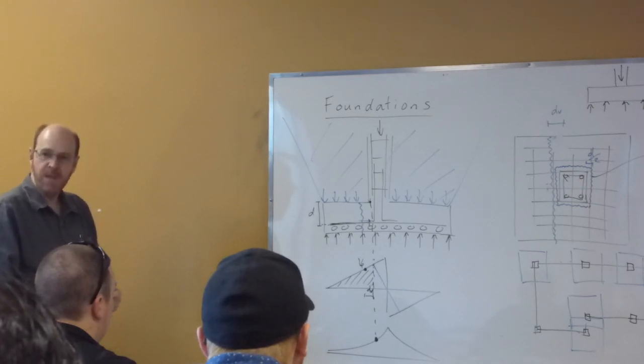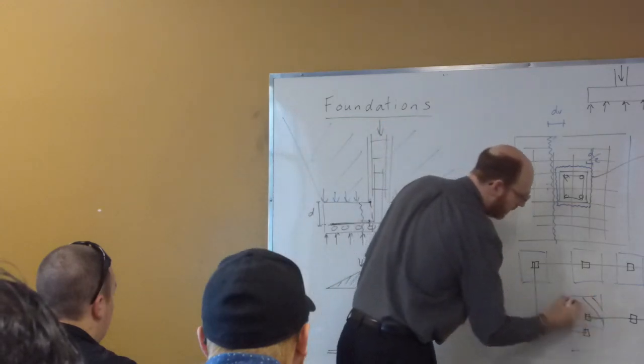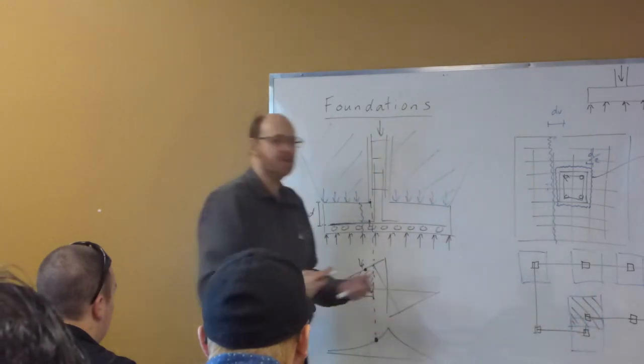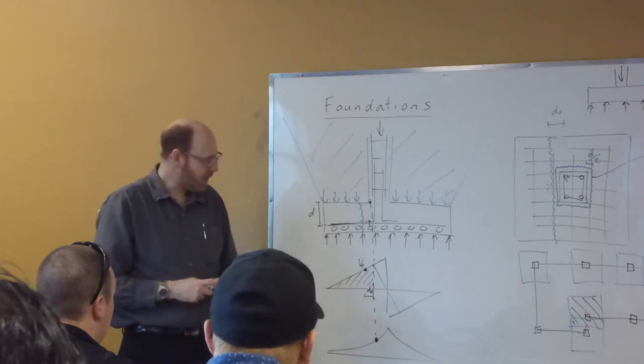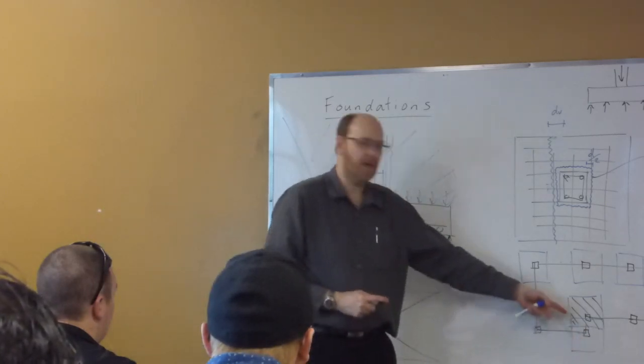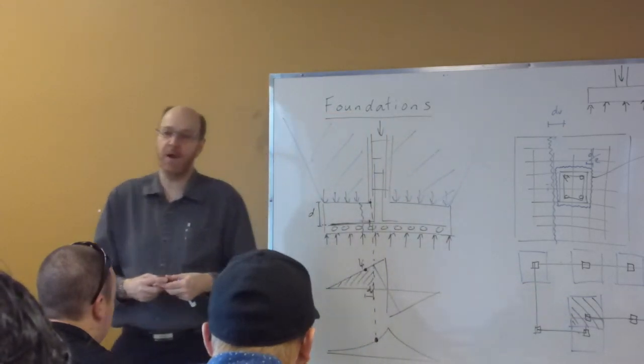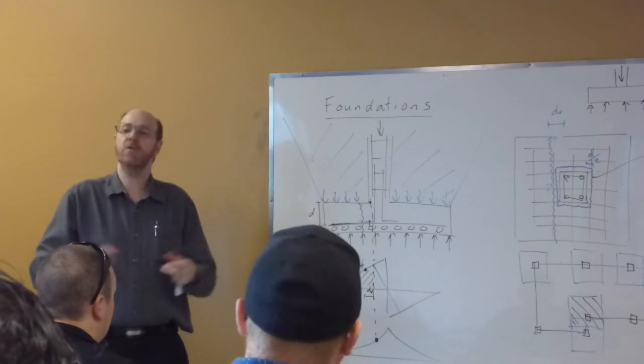But what it does mean is that if I've calculated a size, and I take a look at this one here, that size is based on the compressive load that's coming down the column. And then the one next to it also has a size. So if I overlap them, what that means is I've actually reduced the available area. So we actually end up having to increase the area.